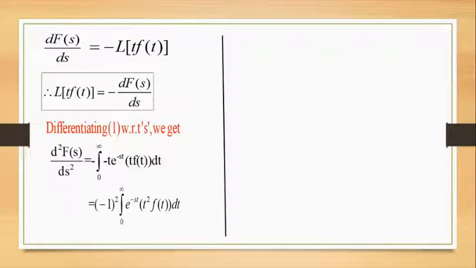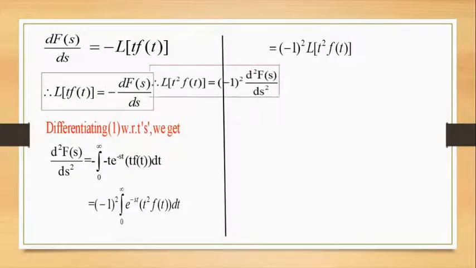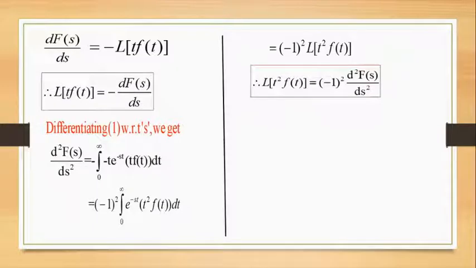Now recall the definition of Laplace transform, and hence we write it as minus 1 the whole square Laplace of t square f of t. Therefore, we conclude that Laplace of t square f of t is equal to minus 1 the whole square d square by ds square capital F of s.